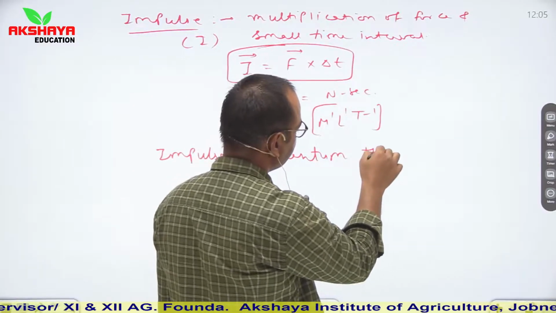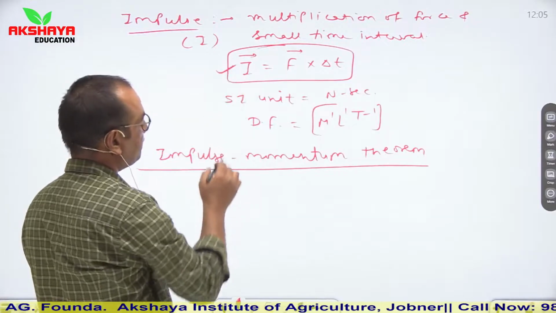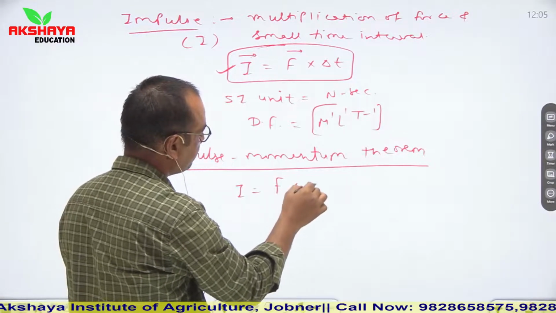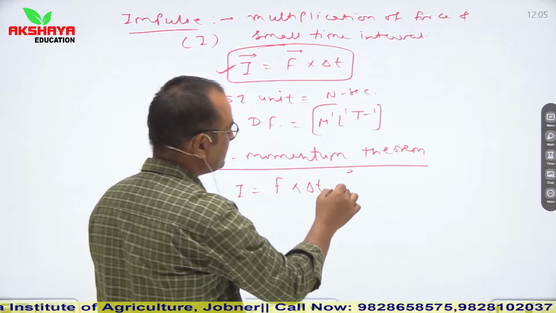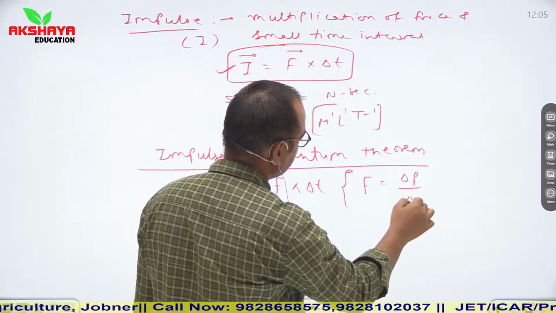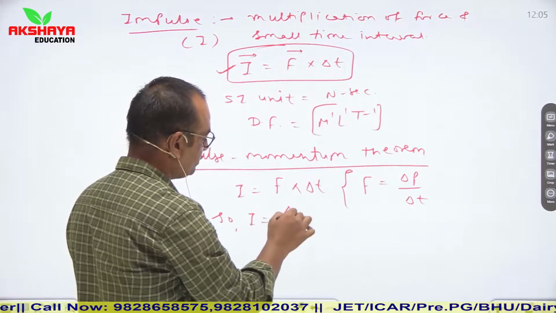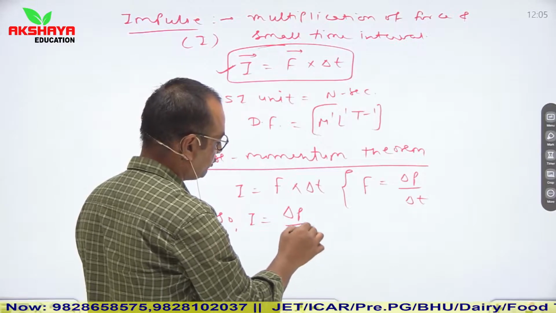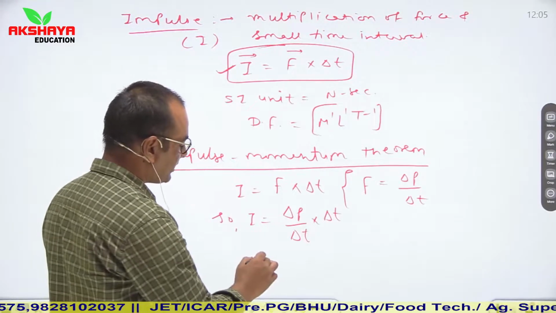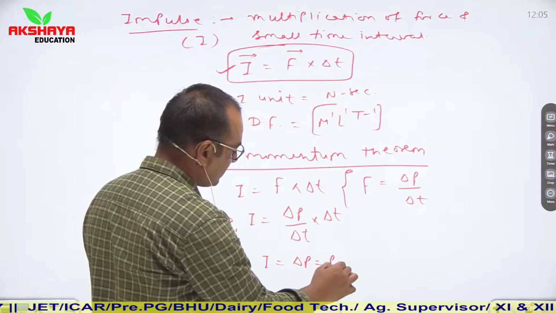According to the impulse momentum theorem, from the formula I is equal to F into del T, F can be written as del P upon del T. So I is equal to del P upon del T into del T. The time interval cancels out and I becomes equal to del P, or P2 minus P1.